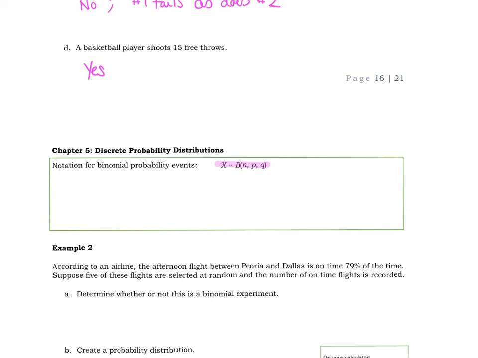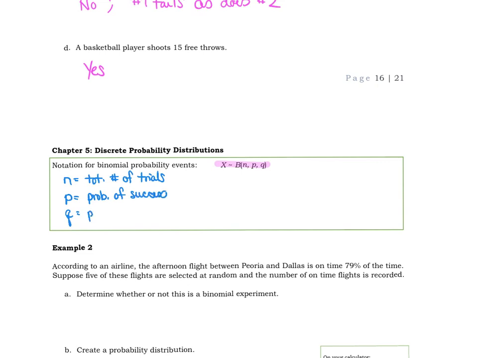Those are all fairly standard and straightforward, but we do need to definitely define the N and the P and the Q. And feel free to write down the X and the tilde and the B as well if you want to. The N is the total number of trials. So how many times you are doing something. Okay. P is the probability of success.